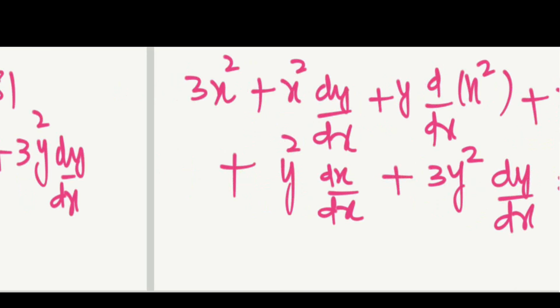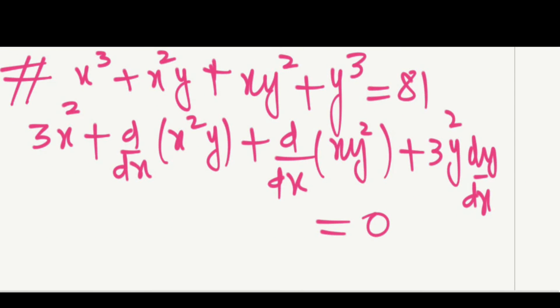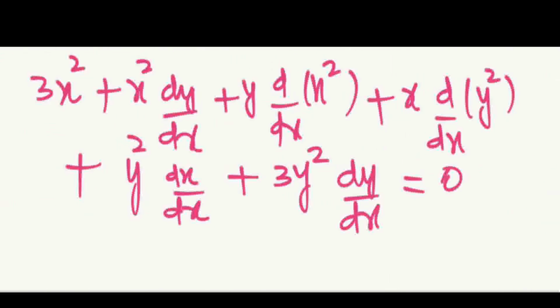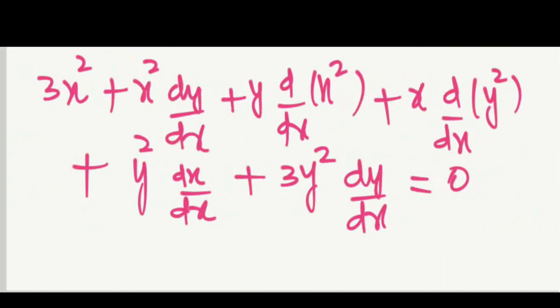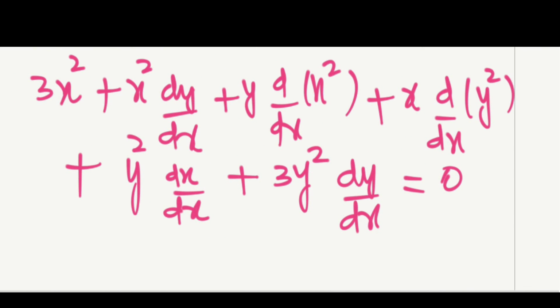And for the next term, the derivative of xy square, we will write x into derivative of y square plus y square into derivative of x, plus 3y square into dy by dx equals 0.